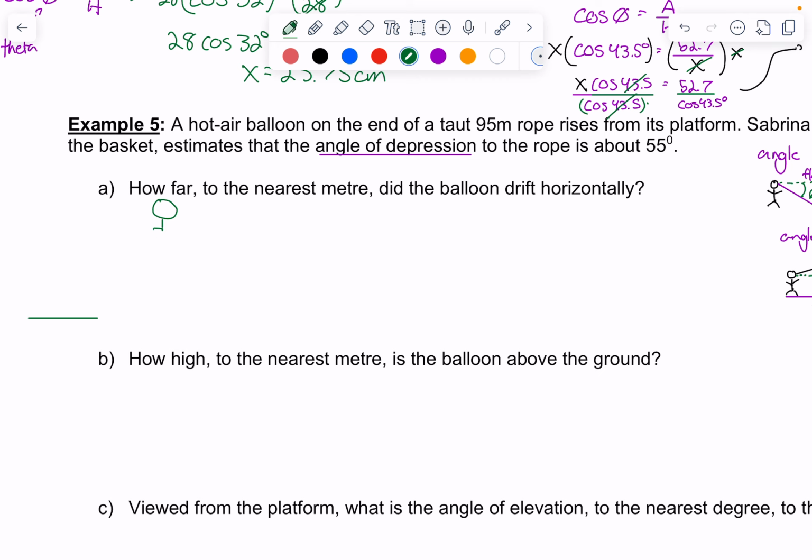Let's see if I can draw a basket. There we go. There is a rope connected to the platform. That rope is 95 meters long. Sabrina says that when she looks down to see that rope, with the ground as her reference, she looks down at an angle of 55 degrees.